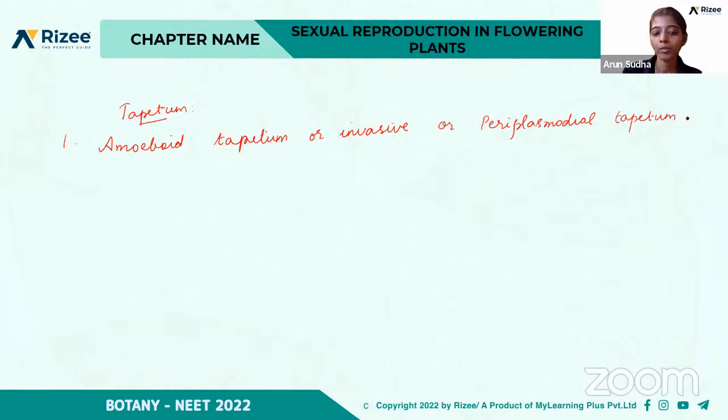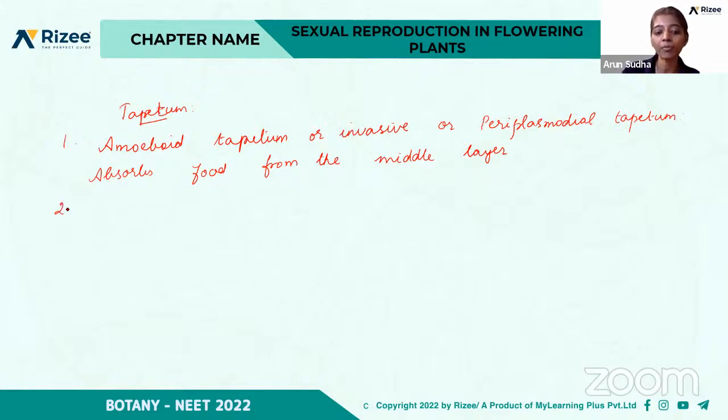This is found in primitive angiosperms, so it is a primitive form, right? Its main role is that it absorbs food from the middle layer, and it provides nutrition to the developing microspores after degeneration. Actually, this is a primitive type and it degenerates quickly.